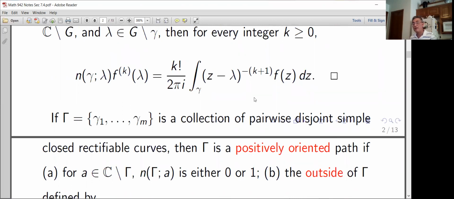A: for a in C minus gamma, the winding number of gamma with respect to a is either 0 or 1.